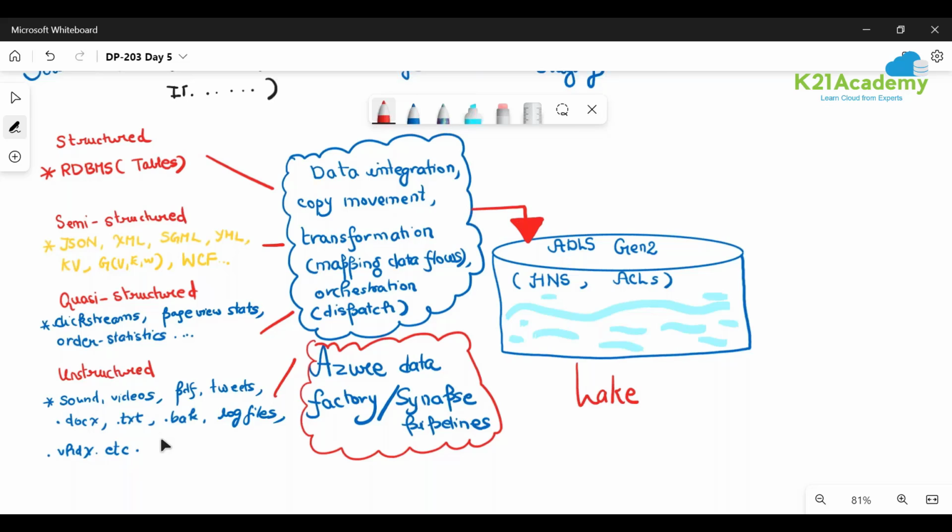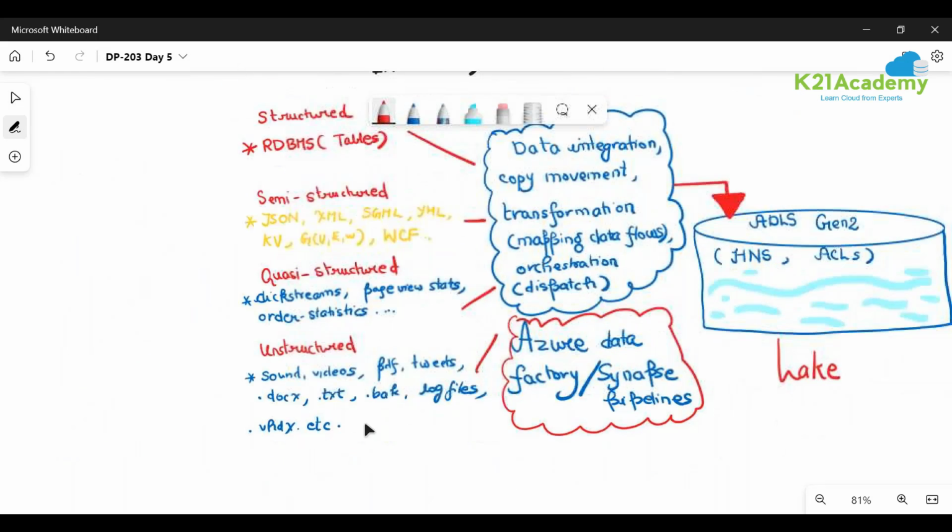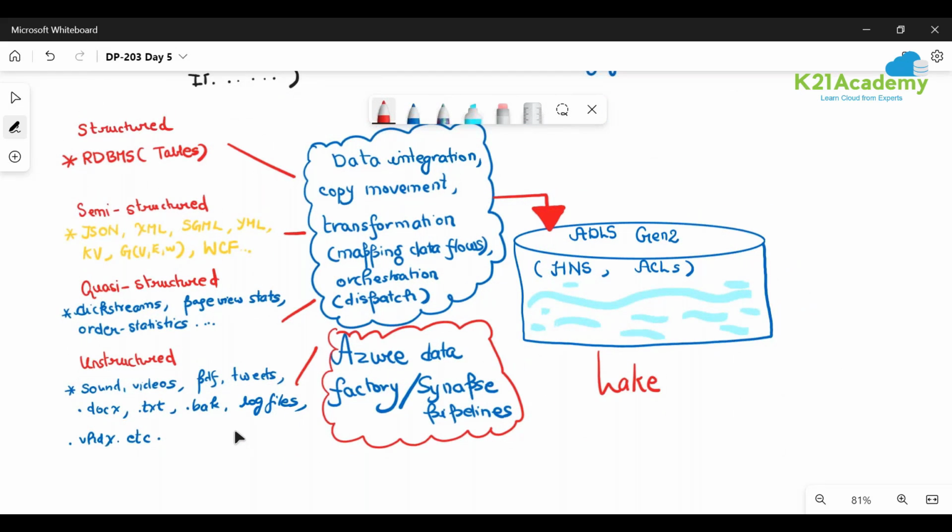If you have some real-time sources, streaming sources, you can use IoT hubs, event grids, service bus, Kafka topics, and so on and so forth. That is also the choice. But because we are looking at data warehousing, we look at our batch sources, right? Because data warehousing is a batch process rather than a real-time process.